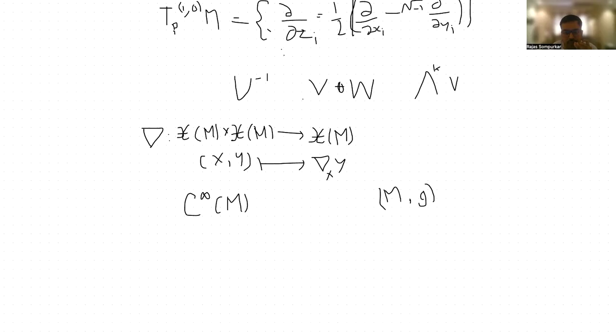That means nabla_Y X minus nabla_X Y is equal to the Lie bracket of X and Y, and nabla respects the metric G, which is like saying the total covariant derivative of G with respect to nabla is equal to 0, or the parallel transport induced by nabla is an orthogonal transformation in the inner product induced by G. So there exists a unique connection which is torsion free and compatible with the Riemannian metric G, and this connection is called the Levi-Civita connection.